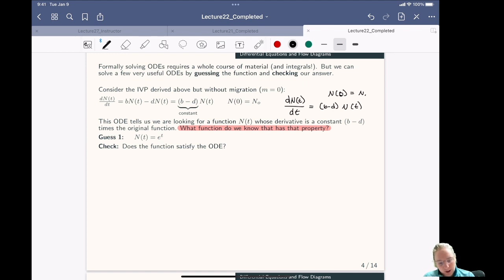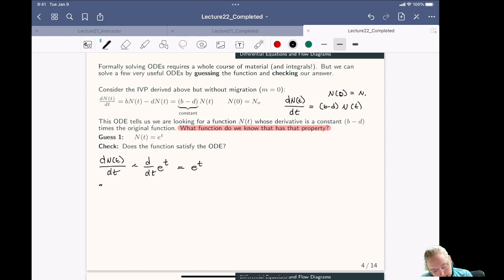So the first question we have to ask is, does that satisfy our differential equation over here? So let's take the derivative of N of t. I differentiate this side, and we also have to differentiate this side. You guys know what the derivative of e^t is. That's simply e^t.